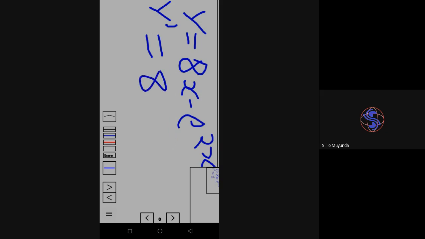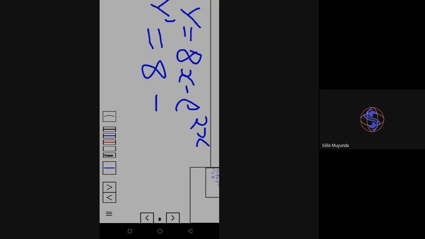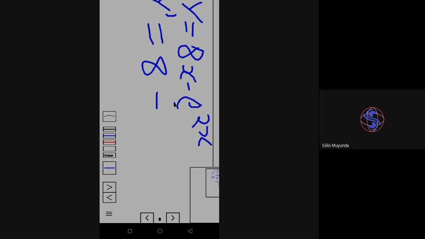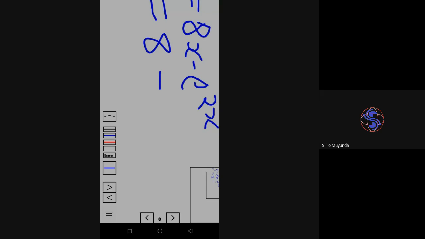It's the same as differentiating them individually, to give me 8 minus this one. We can differentiate it using the chain rule, I think so. This side we're going to have just 2, then e to the power 2x.